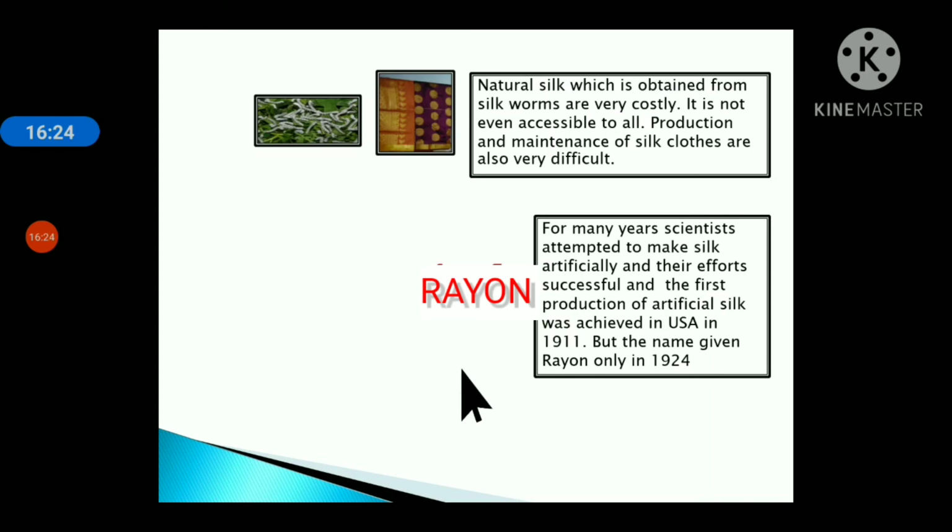So scientists attempted to make silk artificially. Why? Because they wanted an alternative to silk, since silk is very costly and not accessible to all. So we prepared rayon. The first production of artificial silk was achieved in the USA in 1911, but the name rayon was given only in 1924.